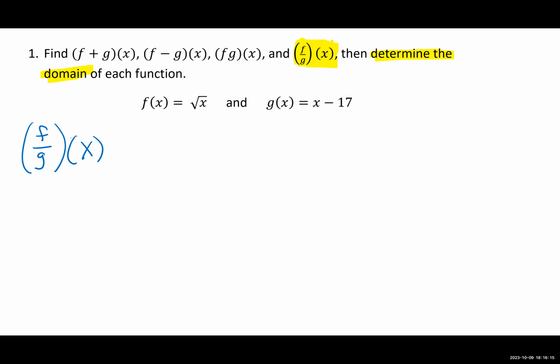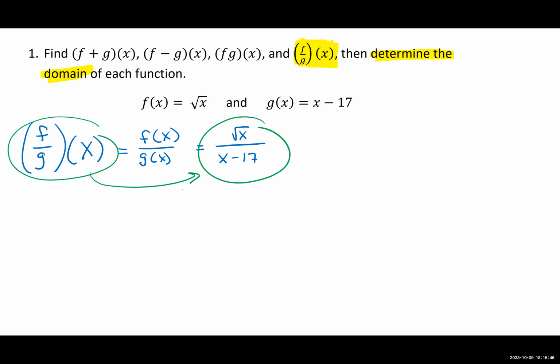We make this by combining the f and the g with division. So that's f of x over g of x, the square root of x divided by x minus 17. And that's it. There's our new function, f over g of x. We put the f on top and the g on the bottom.